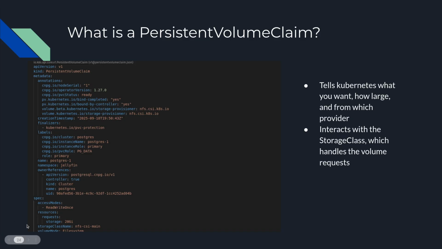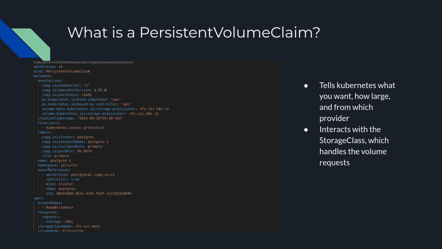When you create a volume claim, you can specify how you want it to have access. In this case, I have read-write once, which means only a single node should be able to mount this volume and use it at a single time.